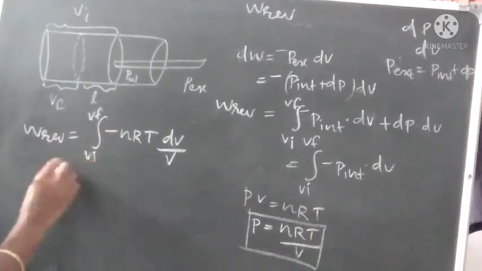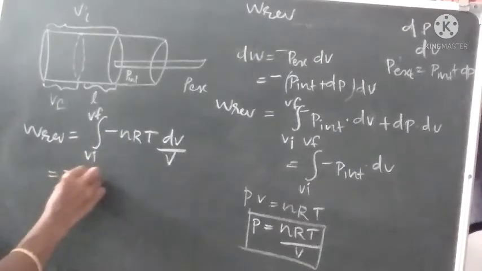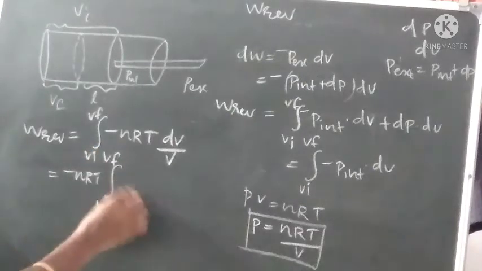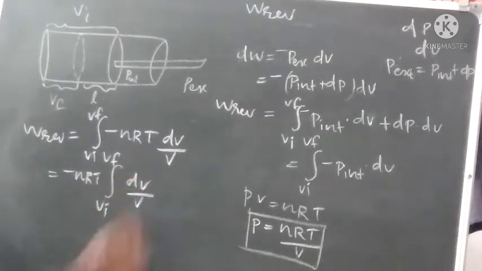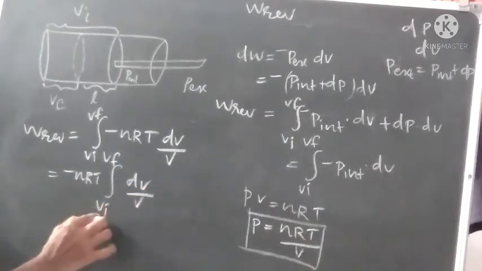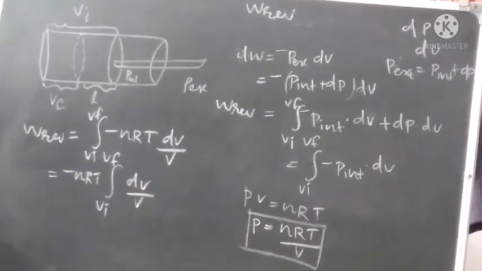So we will get minus nRT integral VI to VF dV by V. Now the integral of dV by V from VI to VF will be equal to natural log VF minus natural log VI.